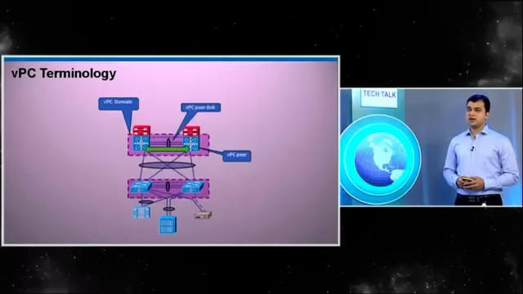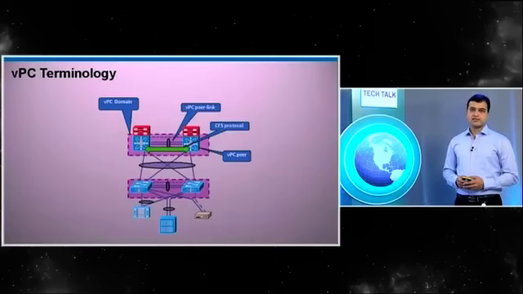This is basically a traditional layer 2 trunk, usually an 802.1Q trunk, which can potentially carry all the VLANs. This is a port channel that connects the VPC peers and is mainly responsible for carrying the control traffic. This link usually doesn't carry any kind of data traffic, but there are certain scenarios when it can also carry data traffic.